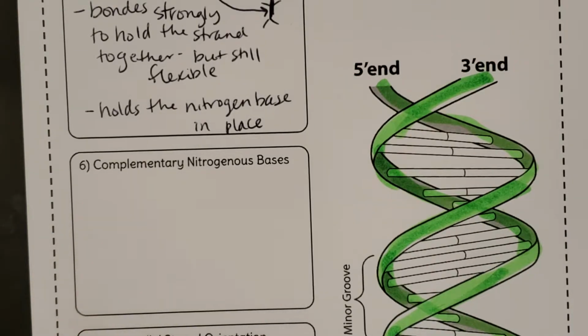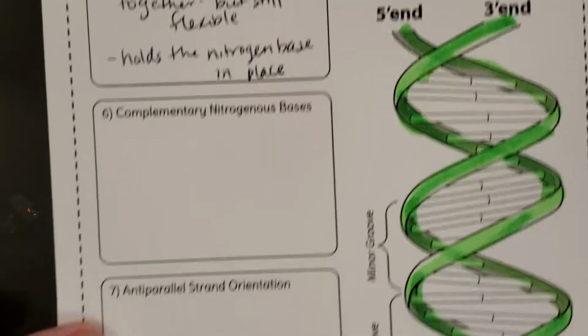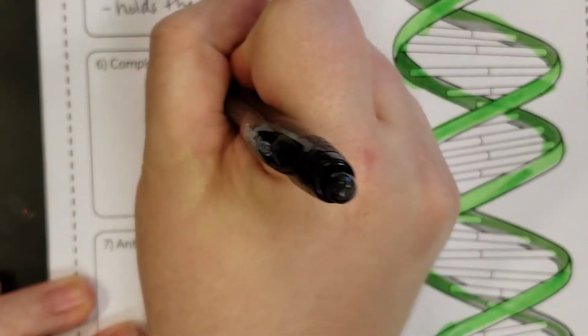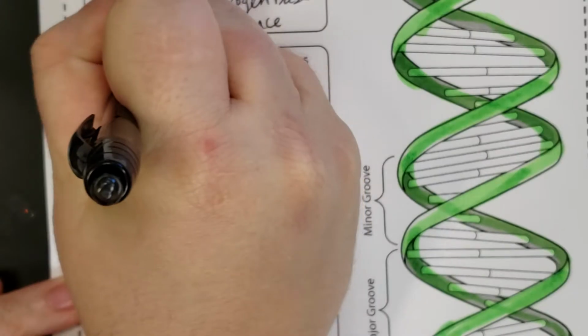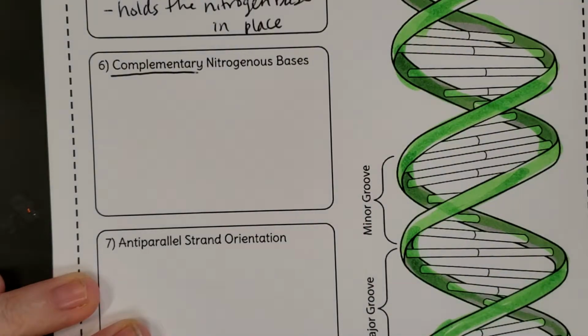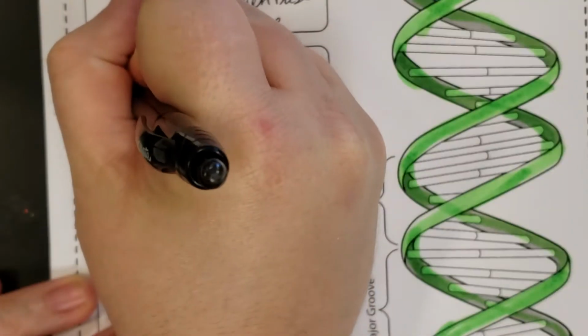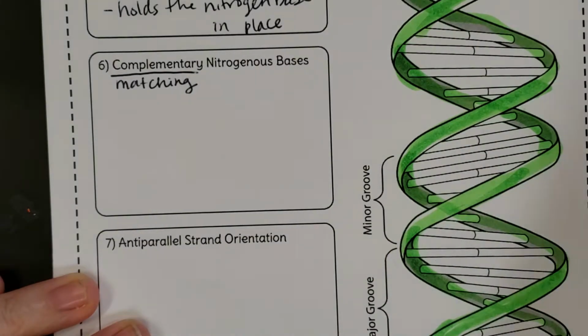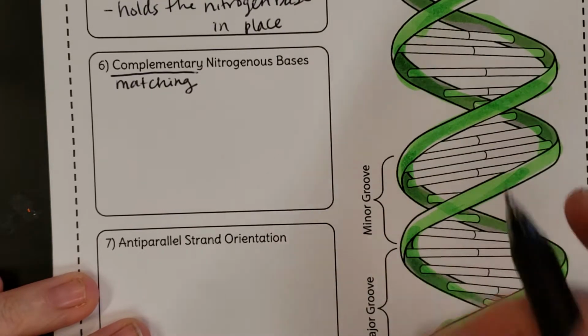Okay, so for part 6, right here, the complementary nitrogen bases. One of the words that we talked about was complementary, and complementary means matching. They are not the same, but they match and they go together. And we have also talked about how word parts are important, and if you see a word that you don't necessarily know but it looks like another word, you can make an inference about what it means.